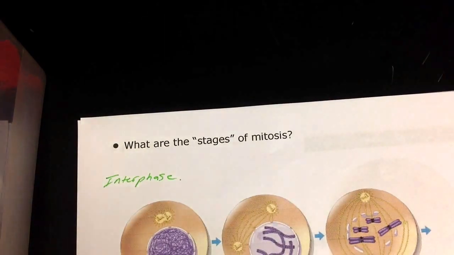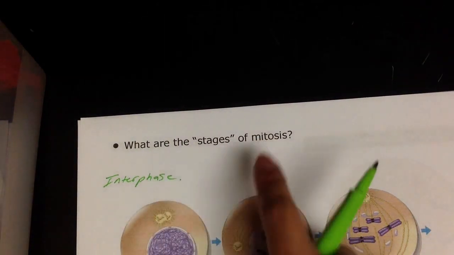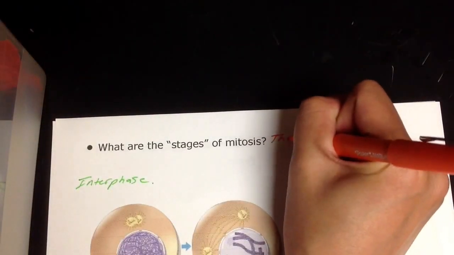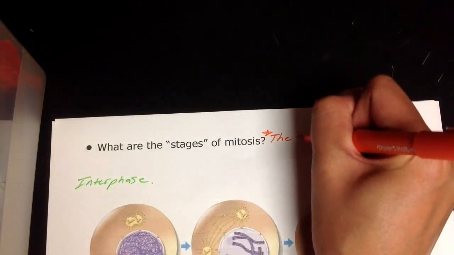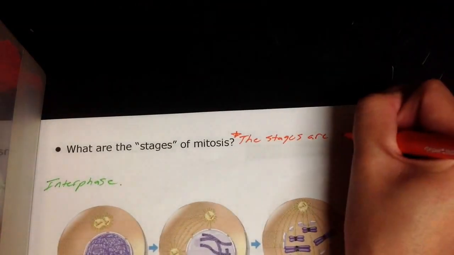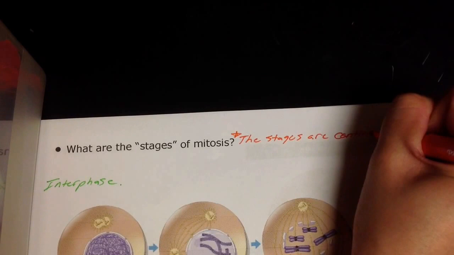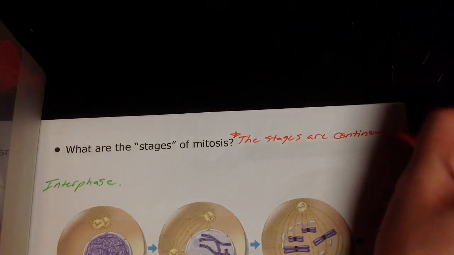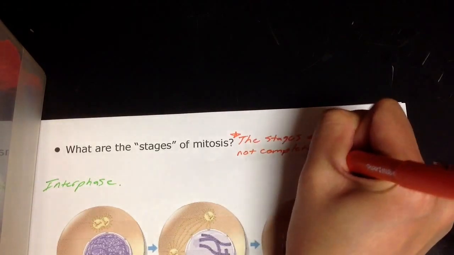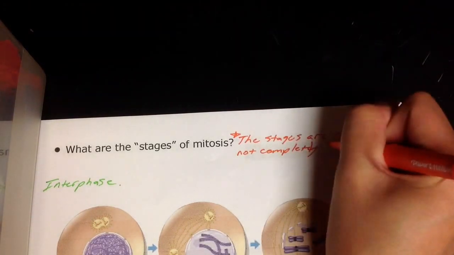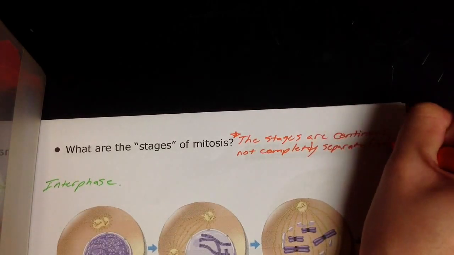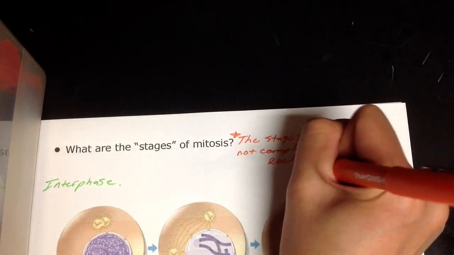And one thing you want to keep in mind, when it says what are the stages of mitosis, these stages are continuous, meaning they are not completely separate from each other.